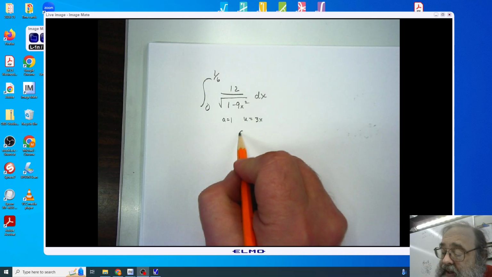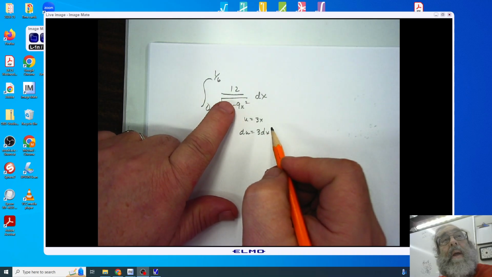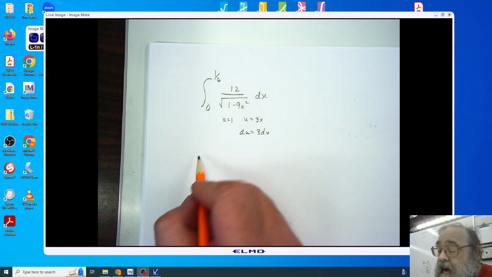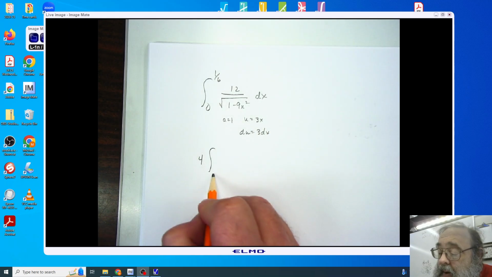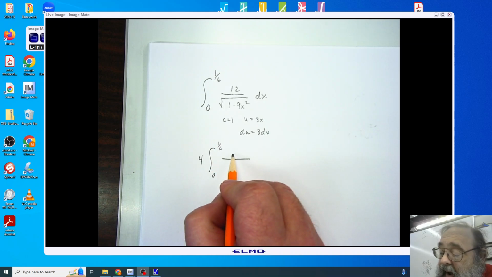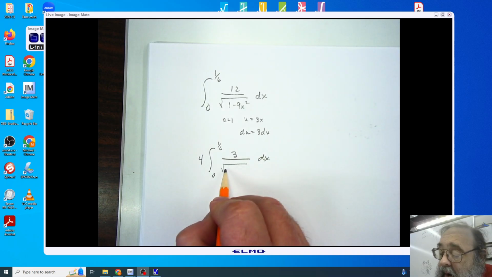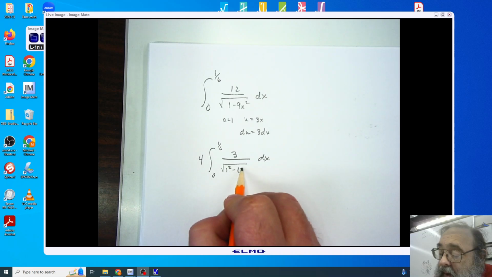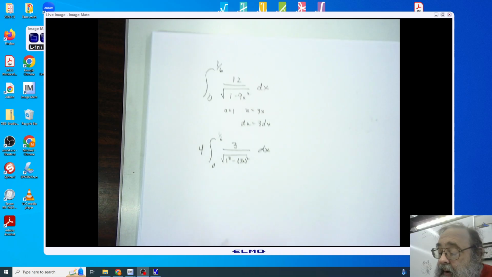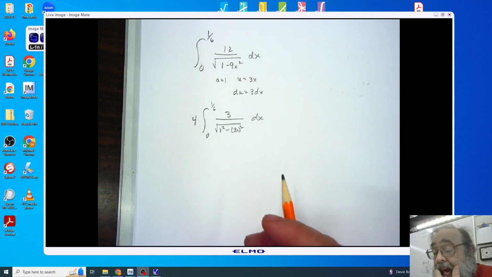But notice the du is 3 dx, and we have a 12. That means that I need to have the 4, 0 to 1/6. Then I have my 3 dx, and then I have my 1 squared minus 3x, the quantity squared. I can now see it as an arc sine. Okay.